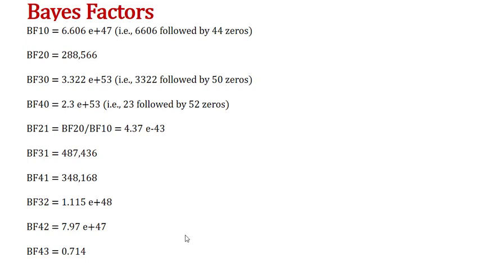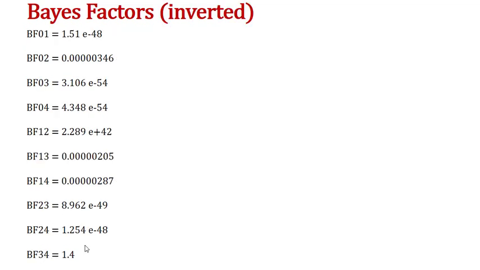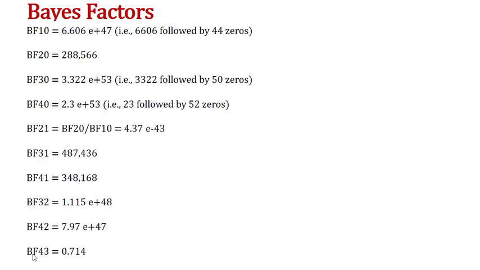Now sometimes when we get the value of the Bayes factor that is less than 1, like in this case, BF43, the Bayes factor for 3 is 0.714. Then it's a bit of a mouthful to do the interpretation.